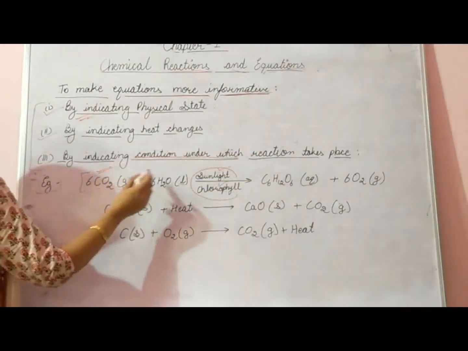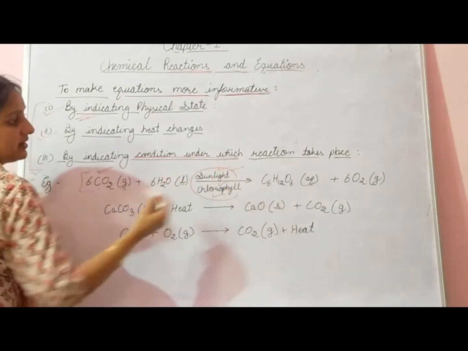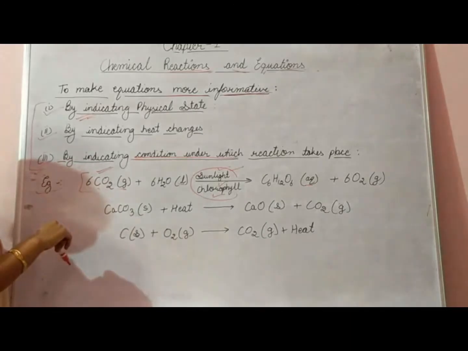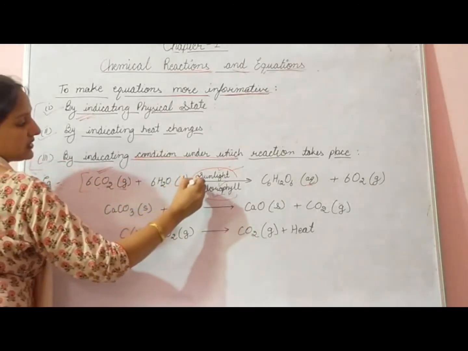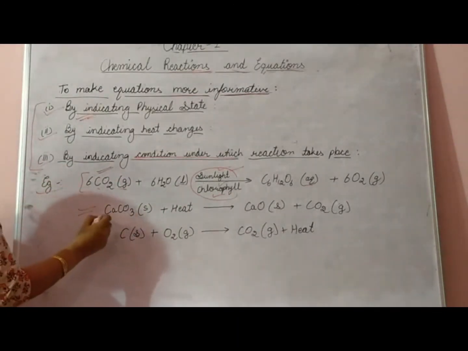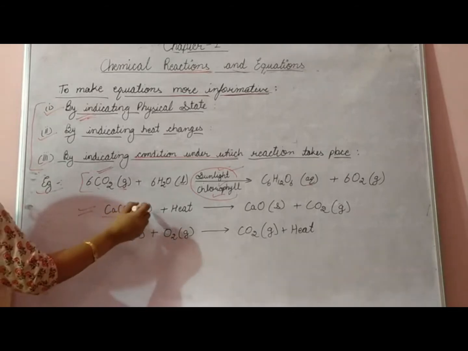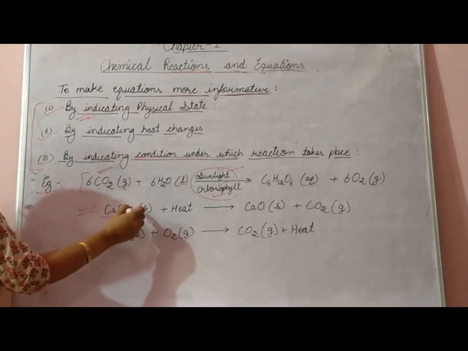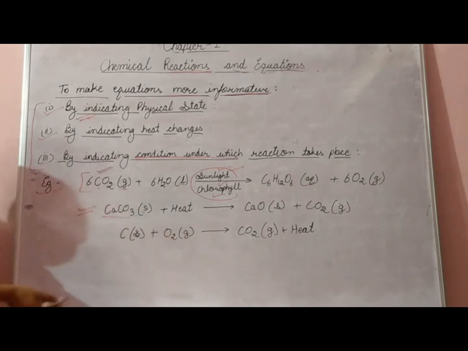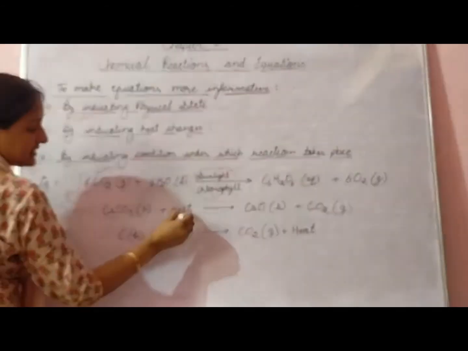For this reaction to take place, we require sunlight and chlorophyll. So whichever condition is required for the reaction to take place, we will mention either above this arrow or below this arrow. Next example, calcium carbonate. It is in solid state, so in brackets we mention the physical state of the reactants or the products, plus heat.